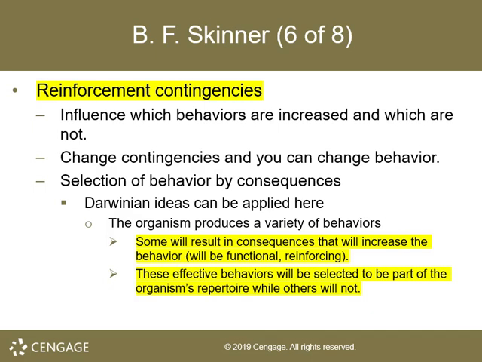So we do some sort of behavior and it reinforces that behavior. These effective behaviors will be selected to be part of the organism's repertoire, while others will not. So those behaviors which continually get reinforced, they remain. Those behaviors that do not get reinforced, they go away. Okay? Simple.